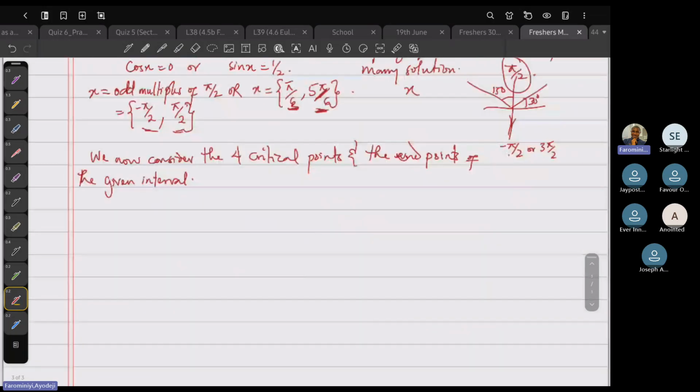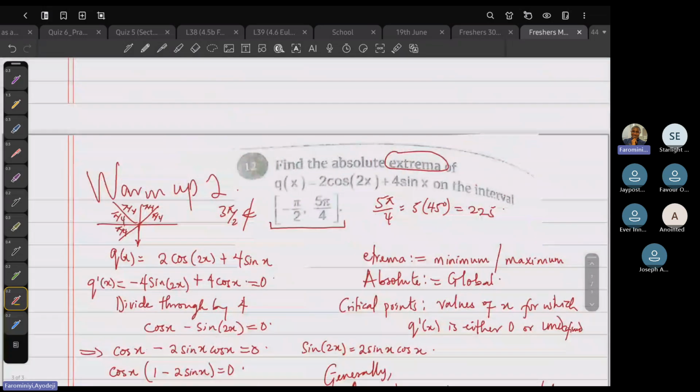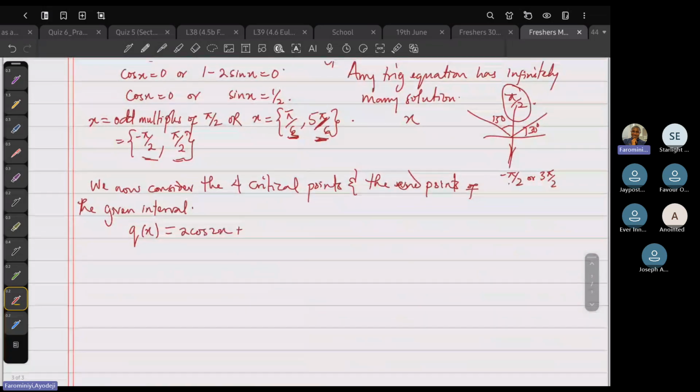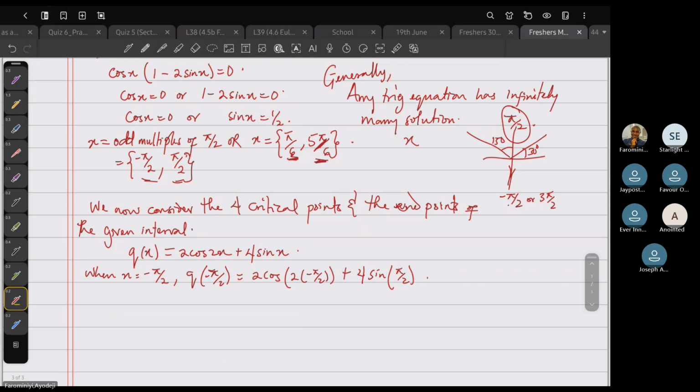So what do I mean? You plug in each of them inside Q of x. You will recall that Q of x is equal to 2 cos 2x plus 4 sine x. So when x is equal to negative pi over 2, Q of negative pi over 2 will be 2 cos of 2 times negative pi over 2 plus 4 sine of negative pi over 2. What will this give us? 2 cancels 2.